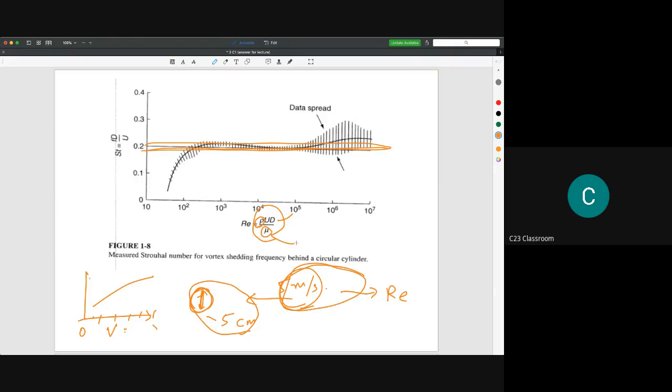So it generalizes the diameter and the velocity as a Reynolds number, which makes it easier to compare with other results. That's why if you start downloading journals about fluid mechanics, they will give Reynolds number versus another parameter.